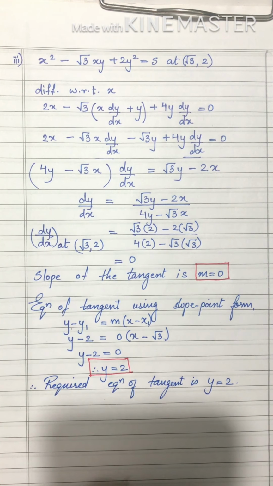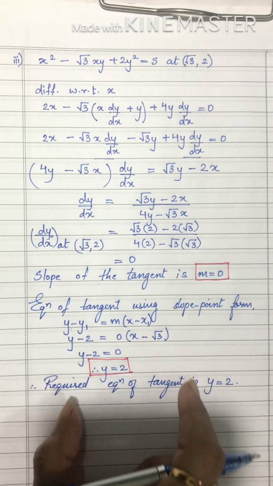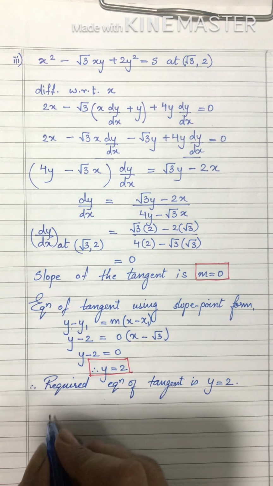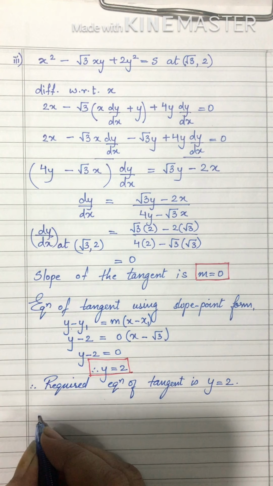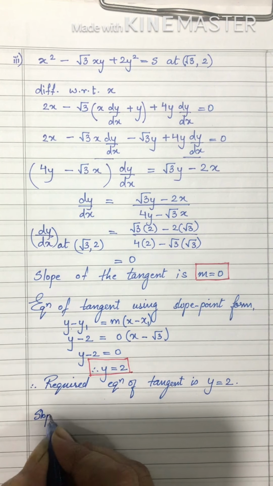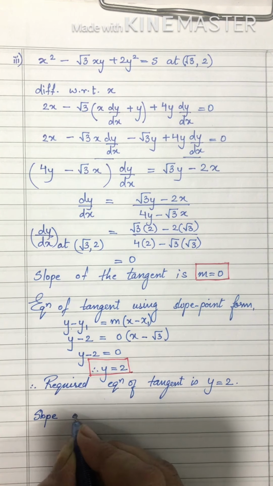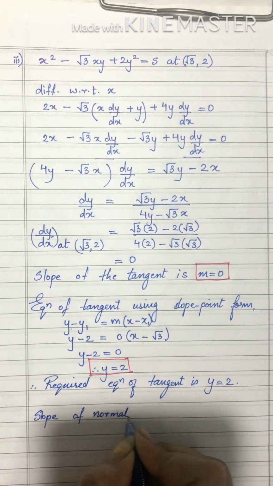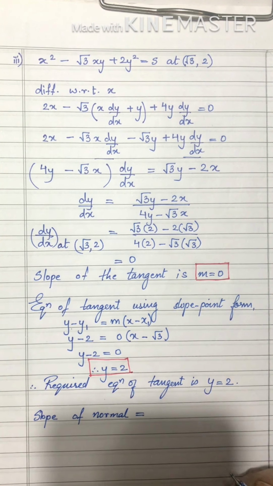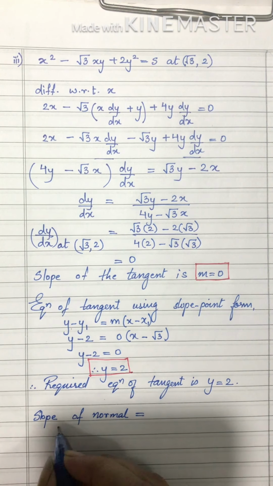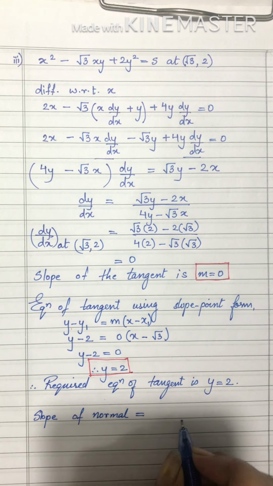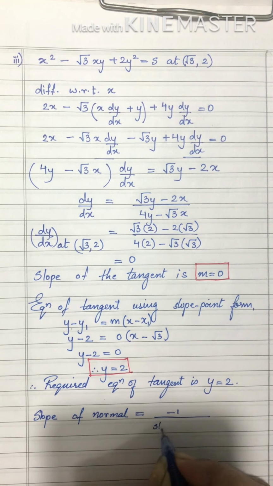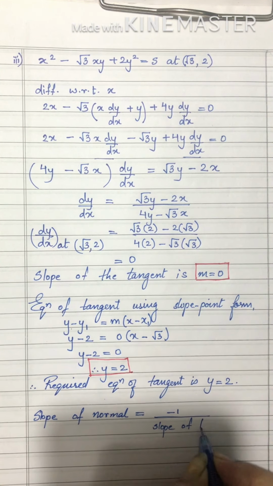Remember kids, presentation of the sum is very important for board exams, while when you are solving these sums for your entrance exams, your JEE or CET, presentation doesn't matter, but you need to know the tricks. Okay, now here I am writing specifically slope of normal which is perpendicular to the tangent, so that will be minus 1 upon slope of tangent.